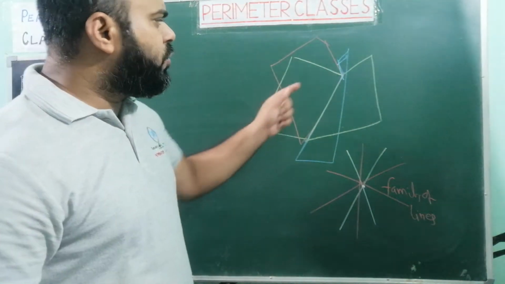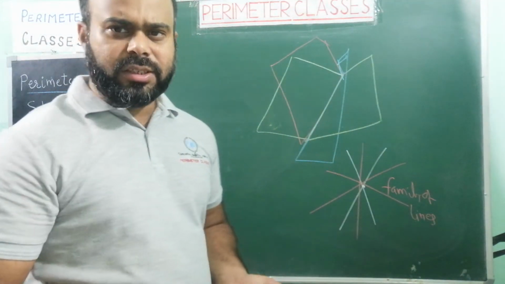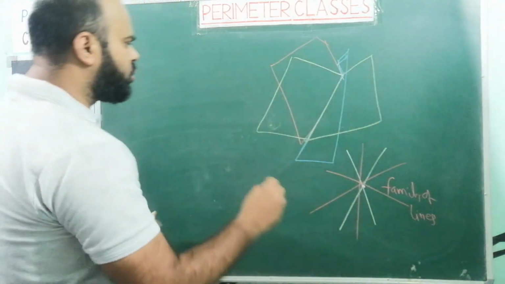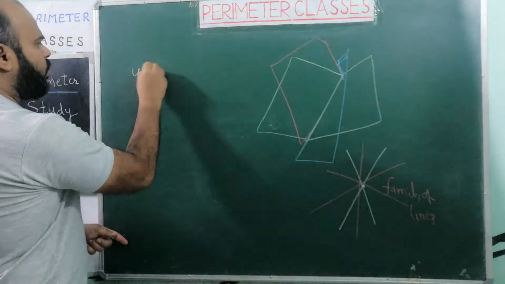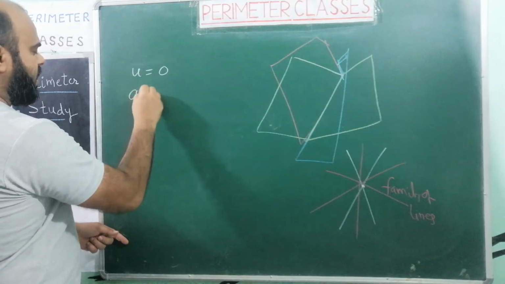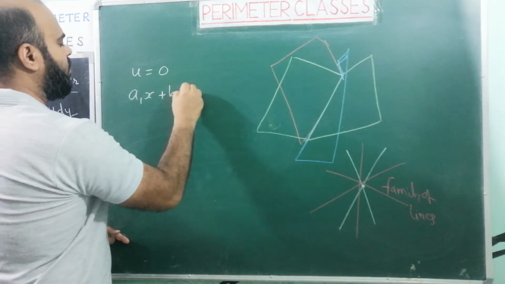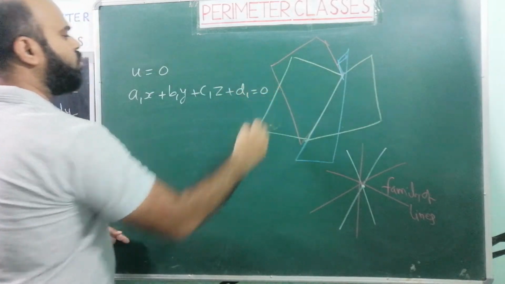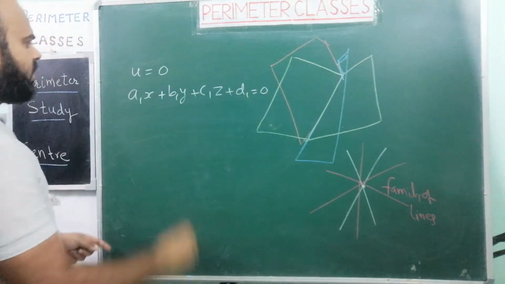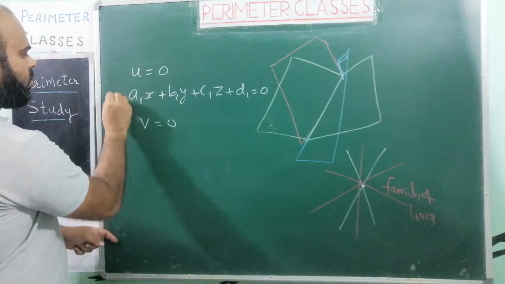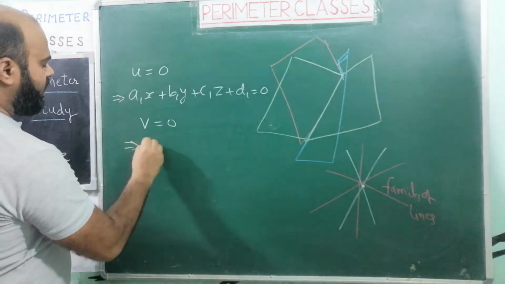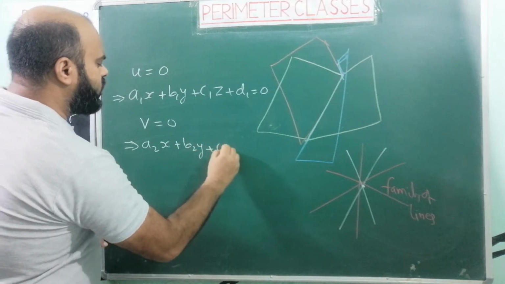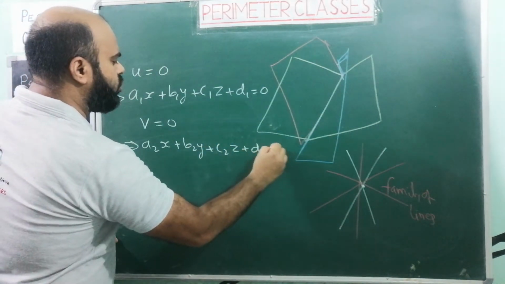So if you want to find the family of planes, there is an analogous result. Suppose this equation is u equal to 0, that is a1x plus b1y plus c1z plus d1 equal to 0, and another one is v equal to 0, which means a2x plus b2y plus c2z plus d2 equal to 0.